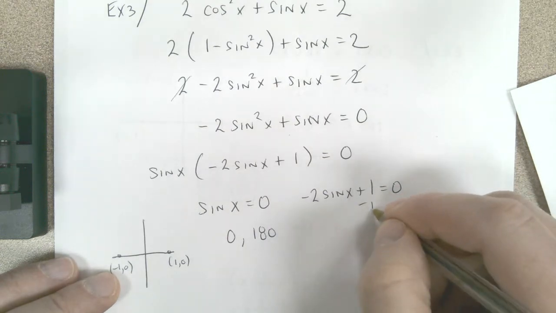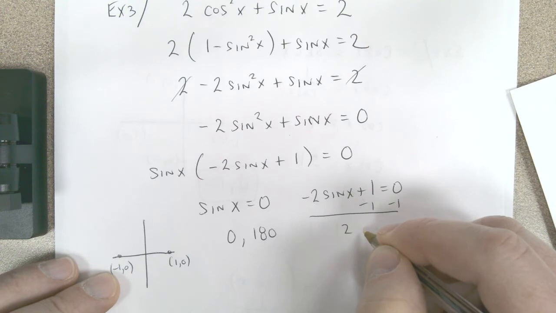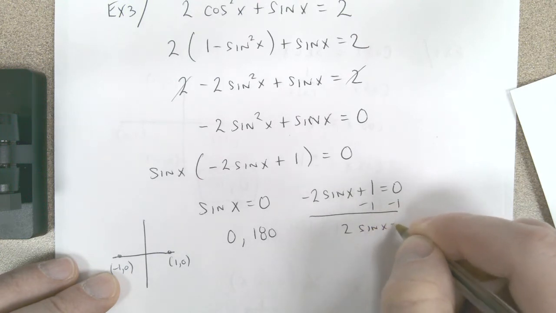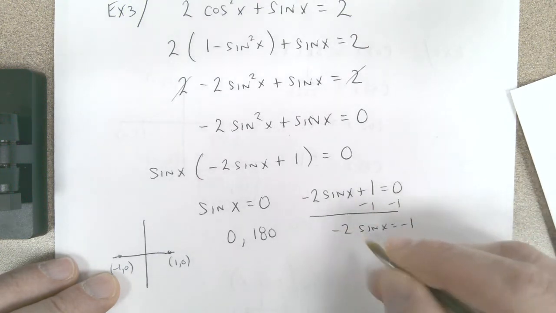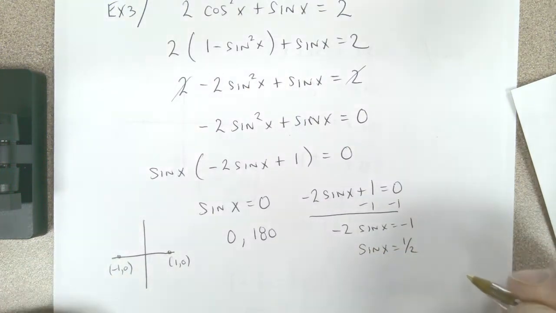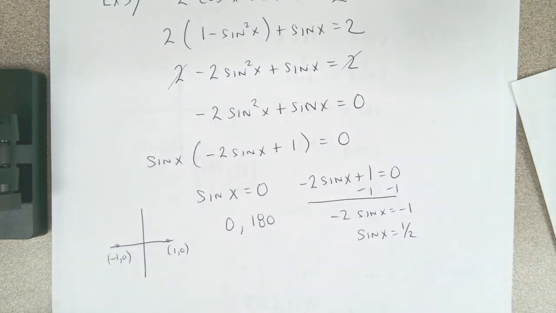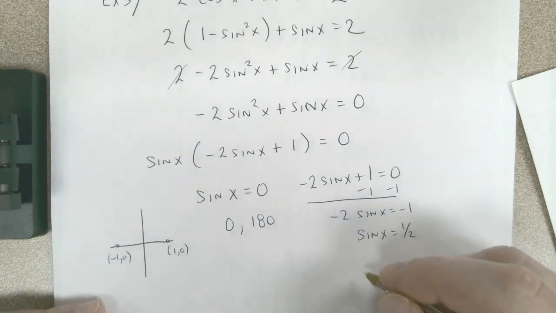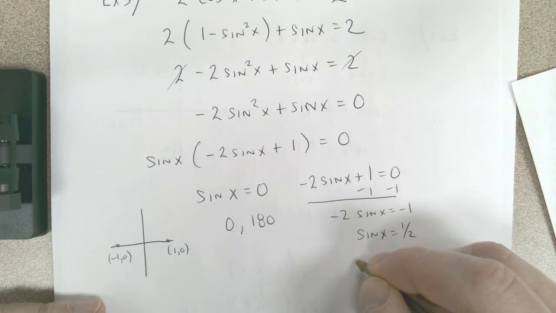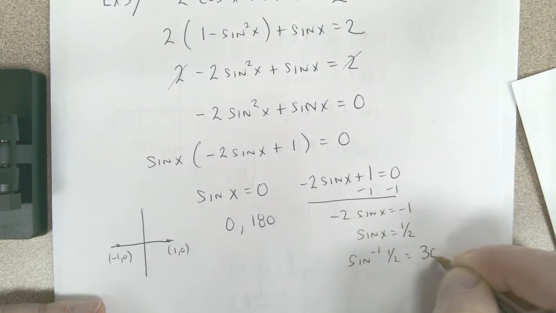Here I solve, I've got to subtract 1, so I get negative 2 sine x equals negative 1. Divided by negative 2, so sine x is going to equal 1/2. So again, if I do my inverse sine of 1/2, I get 30.